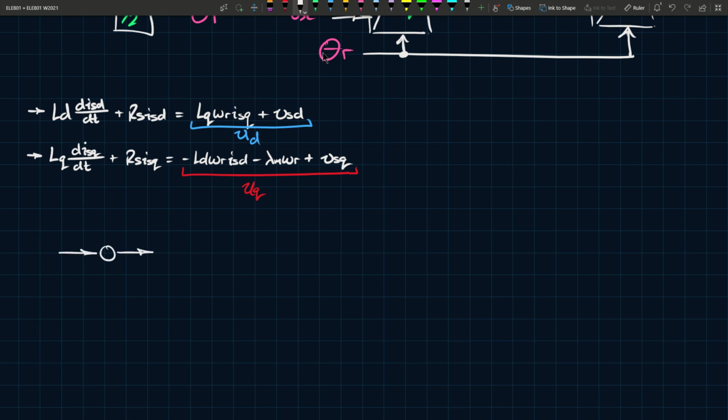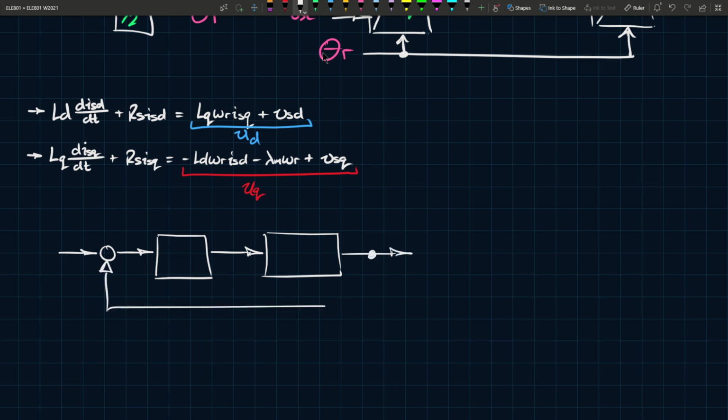You can have a reference, the output goes to a compensator, the output of the compensator goes to a plant, the output of the plant is the thing you need, and you feed that back, like so. So this is 1 over SLD plus RS.